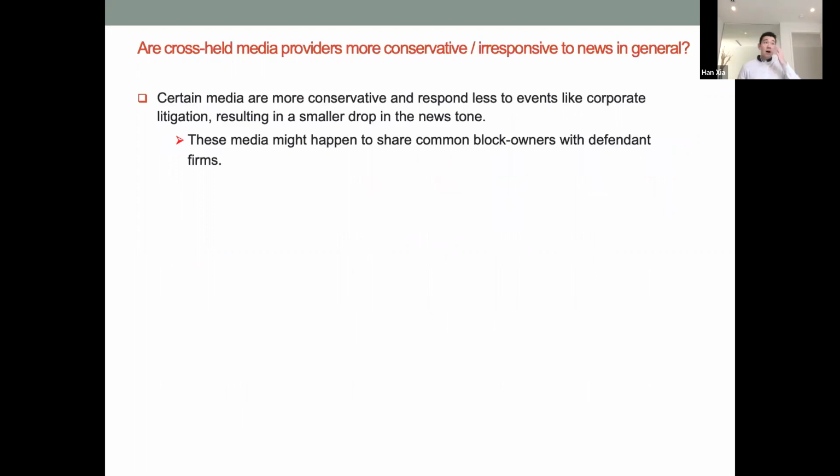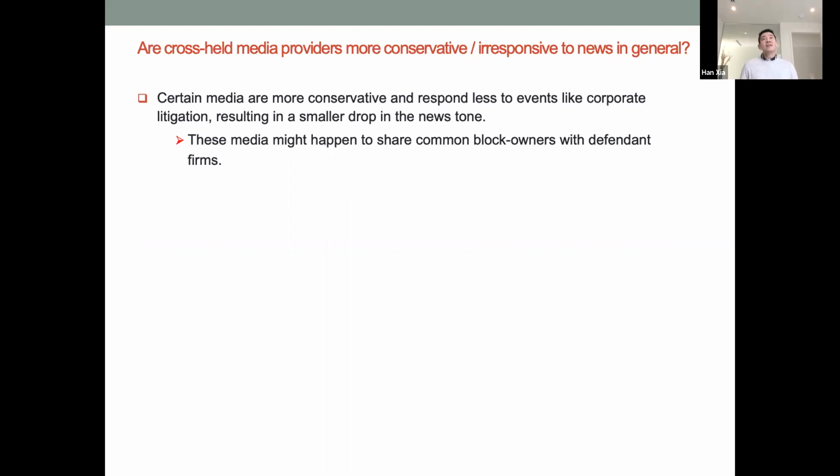Okay. Now, the second consideration that we are thinking about is related to what I said earlier when I talked about the fixed effects. That is, maybe there are some time varying characteristics that cannot be absorbed by the fixed effect. And you may argue that some media may just be more conservative and they are irresponsive to any type of news.